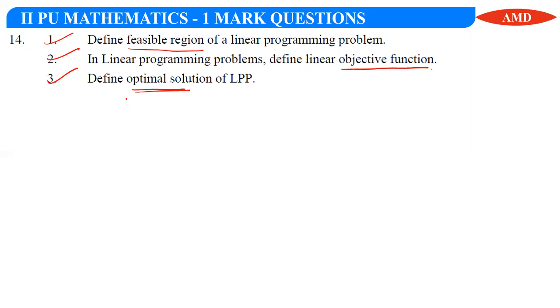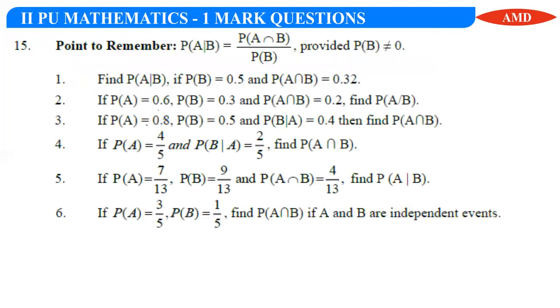The optimal solution is a point in the feasible region which gives the optimal value for the objective function. So please go through these definitions, students, and this question has been coming over and over again. So let's move to the last question.